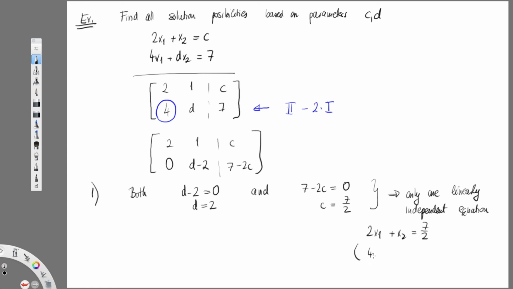And the other one is just 4x1 plus 2x2 is equal to 7, which is the same thing, right? It's just multiplied by 2. So I have one line of solutions, so this is infinitely many solutions. All points on this line are solutions.